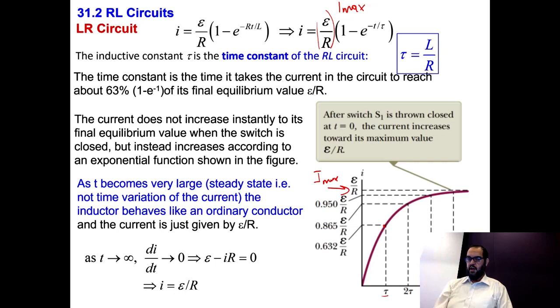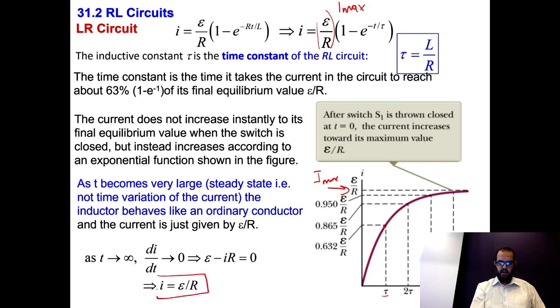It's just a conductor, and the current is just equal to the battery voltage divided by resistance. So at t equal to infinity, in steady state, the circuit becomes just a resistance, as if the inductor is not there.